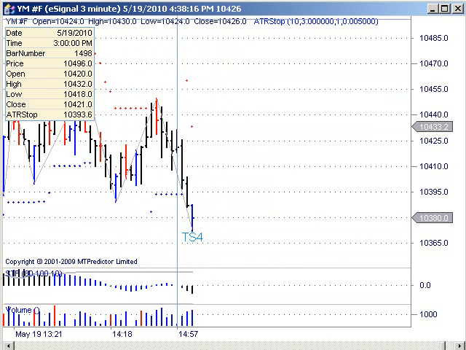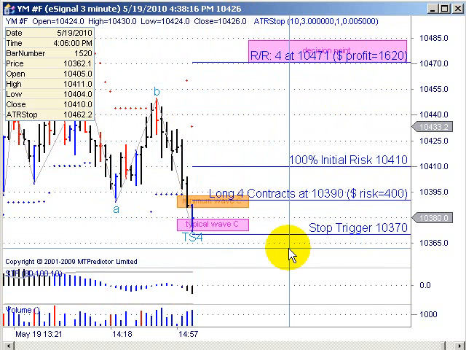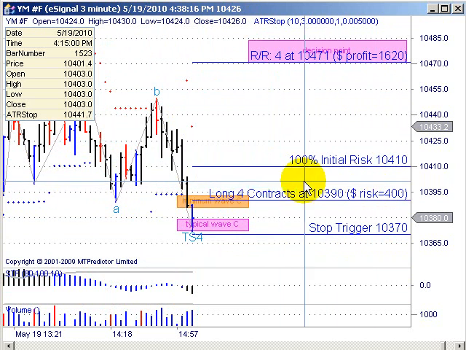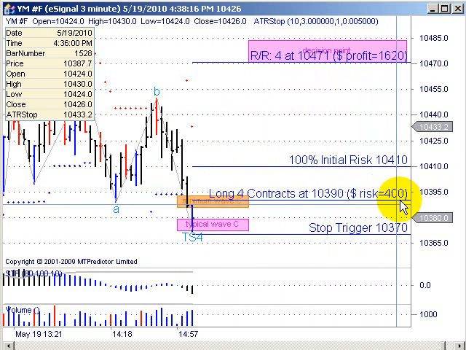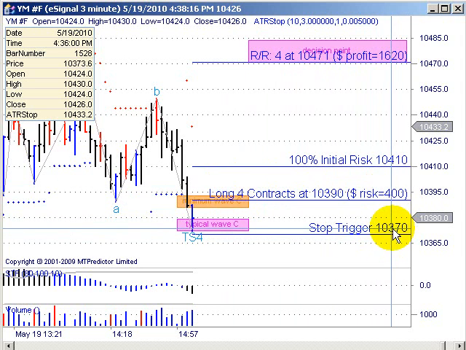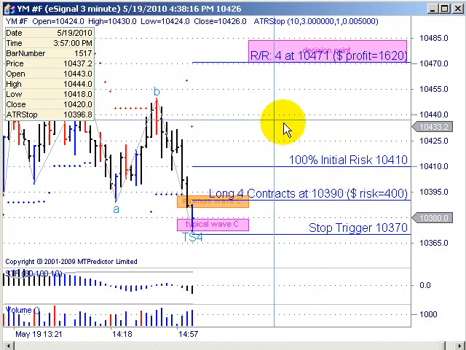In this case, it's a long signal. And let me just put the analysis on this. And it tells us we can take 4 contracts at 10,390, risking $400 with a stop at 370 here. Our 100% initial risk now is 410.